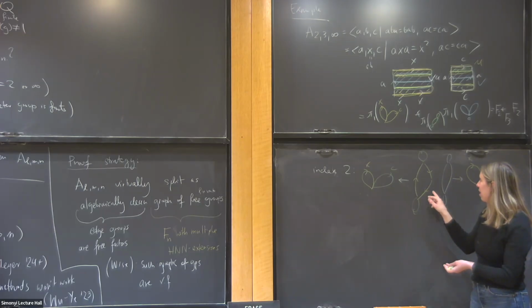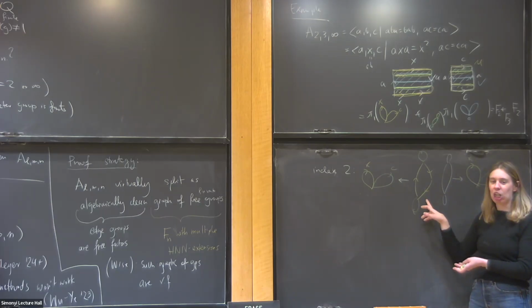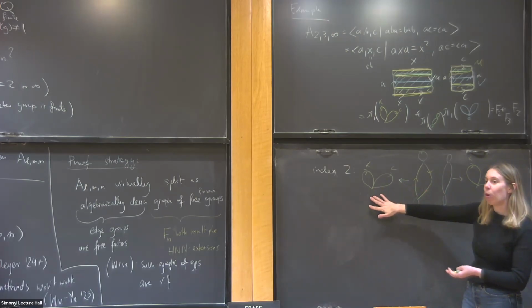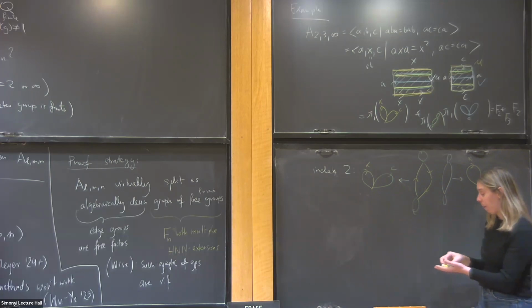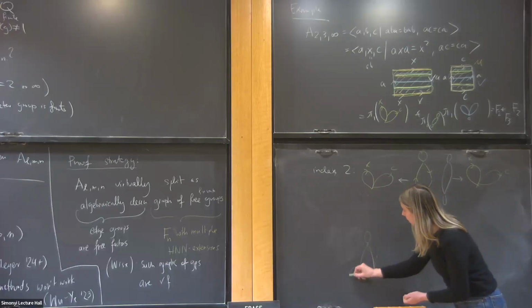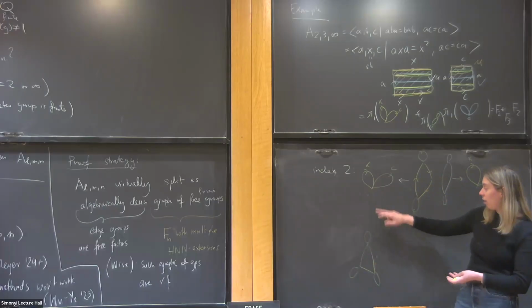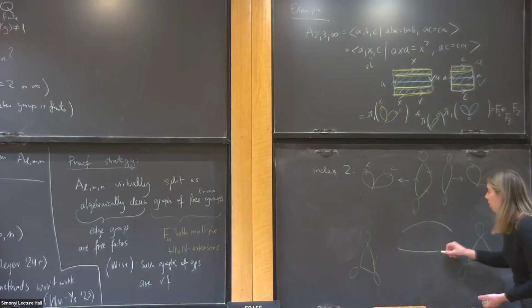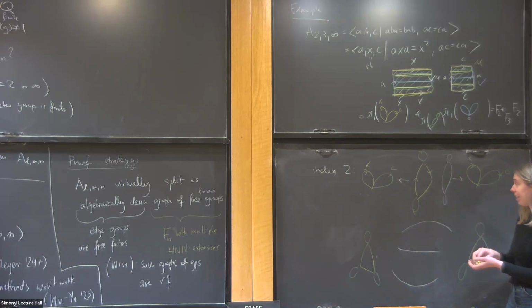But the point is, if you look at how this graph looks here, it might not be so hard to believe that if I now also pass to an index 3 subgroup, I'm going to have something that is a regular triple cover of this graph. So I'm going to have 2 copies of this graph as my vertex groups, and 3 edges between them, where each of them looks something like that, but it maps in 3 different ways.